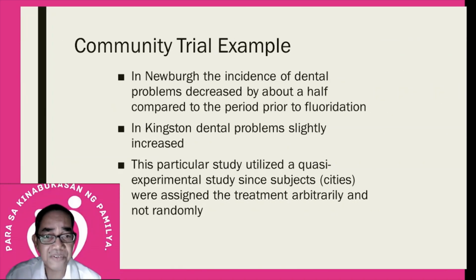After 10 years in Newburgh, the incidence of dental problems decreased by about half compared to the period prior to fluoridation. In Kingston, dental problems slightly increased. And this particular study utilized a quasi-experimental design, since subjects, and we are talking here of cities, were assigned to treatment arbitrarily and not randomly.